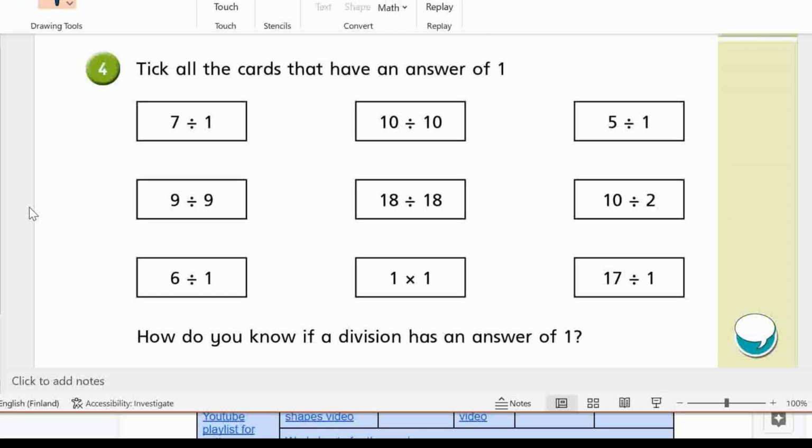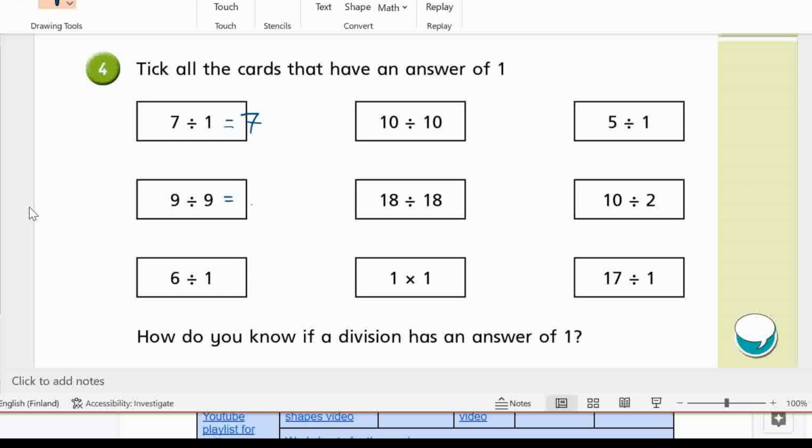Okay. Tick all the cards that have an answer of 1. So if you think 7 divided by 1 equals 1, say 1. Okay. No, this equals 7, doesn't it? 9 divided by 9, if you think it equals 1, shout 1.